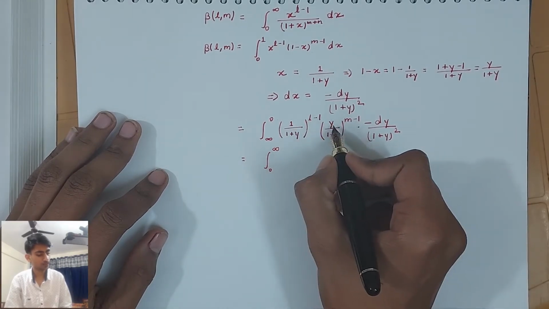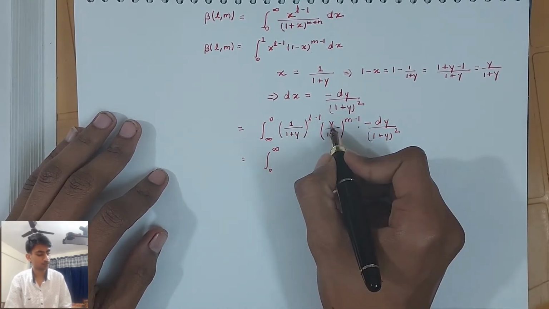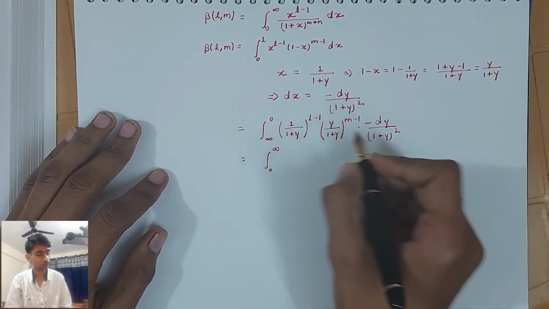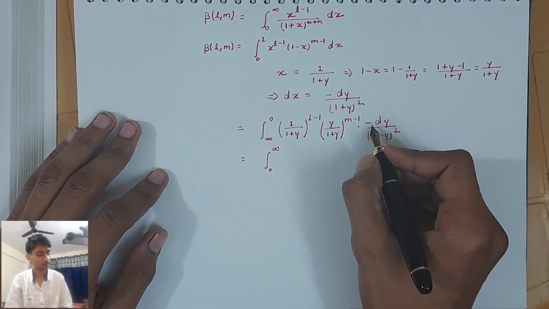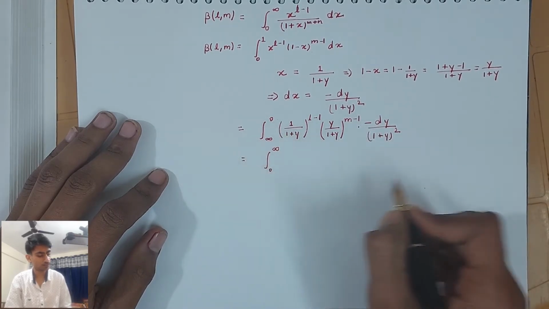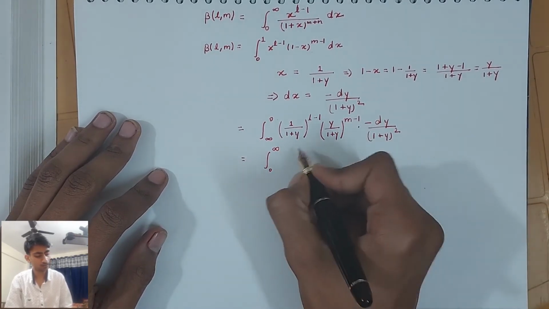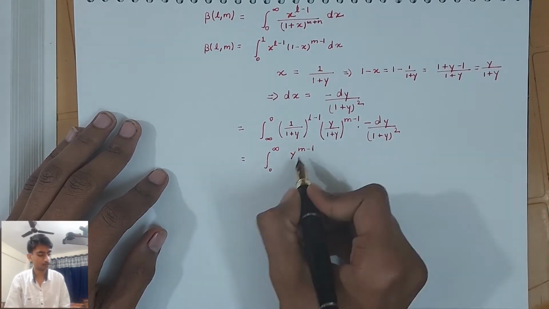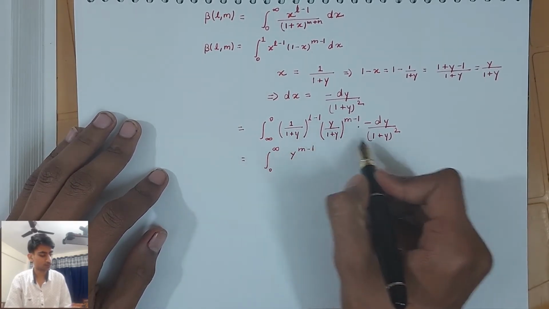In the numerator we just have one variable term, that is y, because 1 raised to power anything would be 1, and I have utilized this minus sign to reverse the limits. So all that remains is y to the power m minus 1, and in the denominator we have 1 plus y terms.